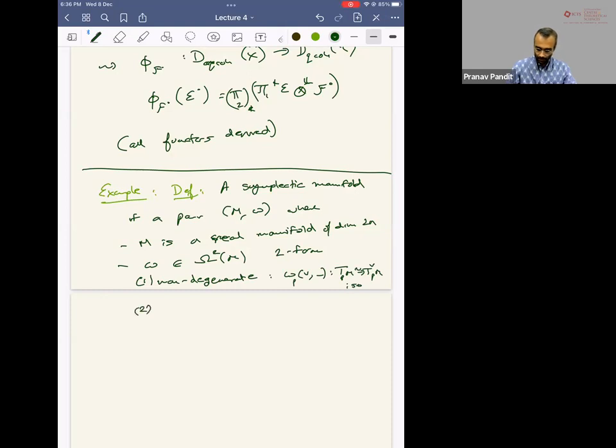And d omega is 0. That's what a symplectic manifold is. So an example is any cotangent bundle, which is a symplectic manifold with the standard symplectic structure.